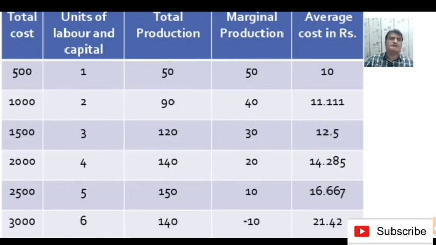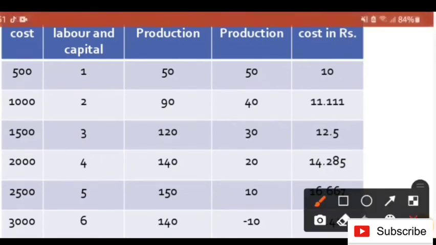The total cost is 1500 when we employ the third dose, and total production is 120, so 1500 divided by 120, the average cost is 12.5, and likewise the average cost is 14.285, 16.66 and 21.42 by increasing the doses of labor and capital.